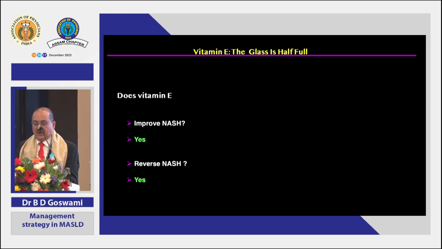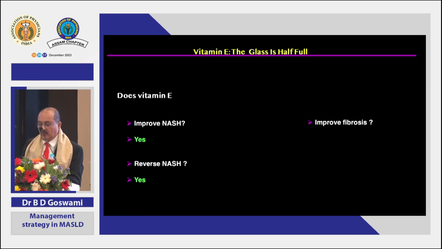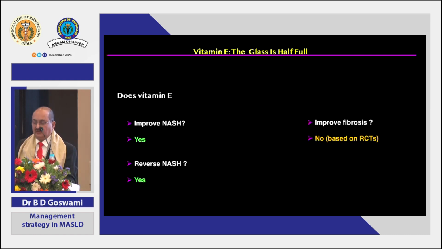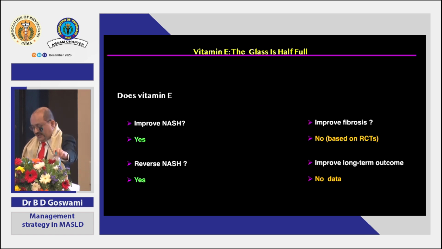Yes. But whether it improves the fibrosis, till now, no, because it is not proved in other studies. Does it have improved long-term outcome? Again, there are no RCT trials to say about that. So that's why it will take more time.